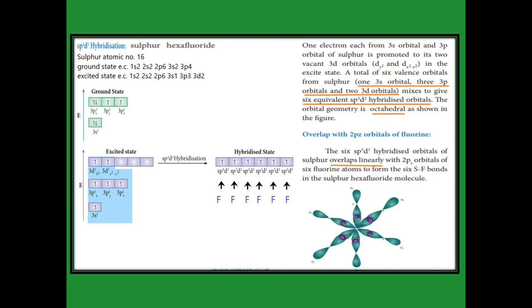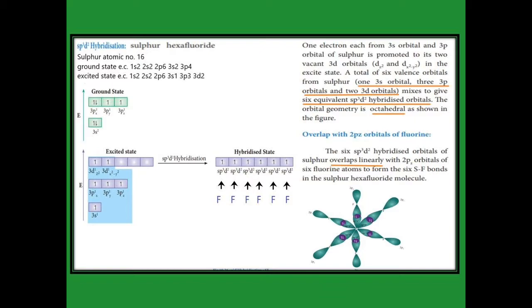So we get 6 sp3d2 hybridized orbitals, each orbital containing 1 electron, linearly overlapping with the 3pz orbital of fluorine. Fluorine atomic number 9, electronic configuration 1s2, 2s2, 2px2, 2py2, 2pz1. We already discussed this in boron trifluoride in sp2 hybridization. Please refer to that slide.